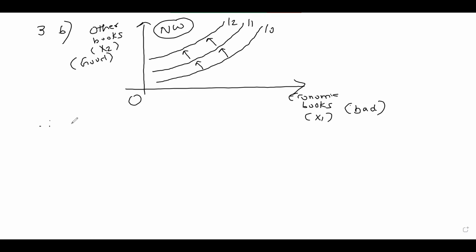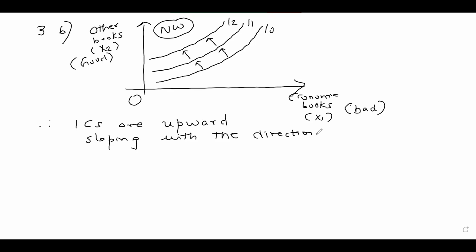So I can say, therefore, the indifference curves are upward sloping with the direction of preference being northwest. Okay, this is part B.